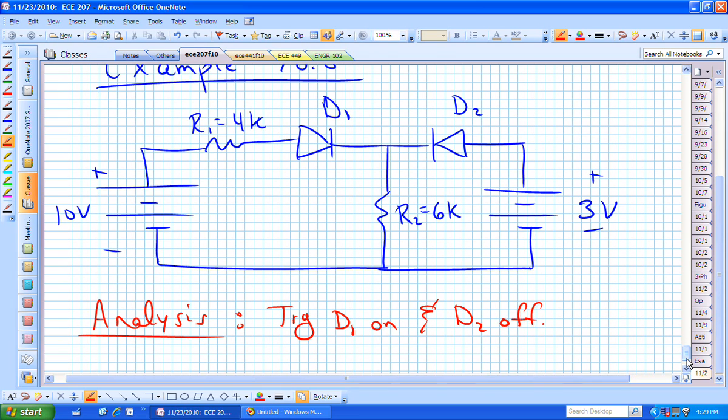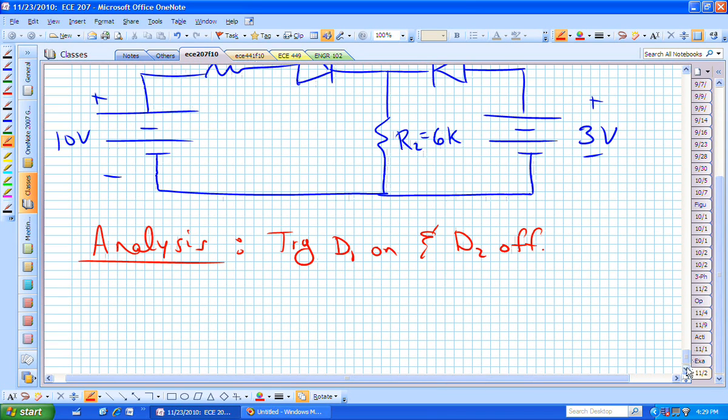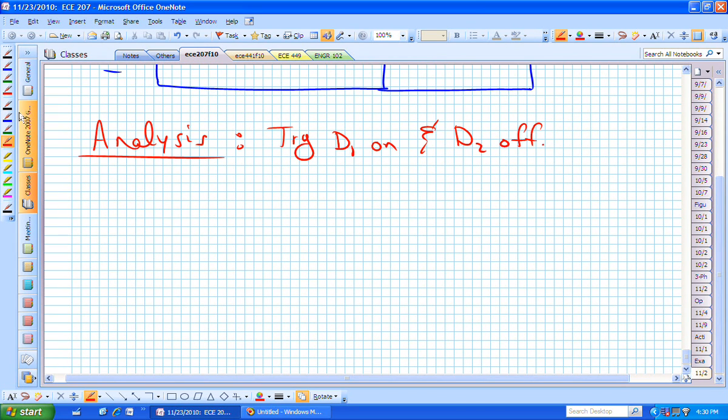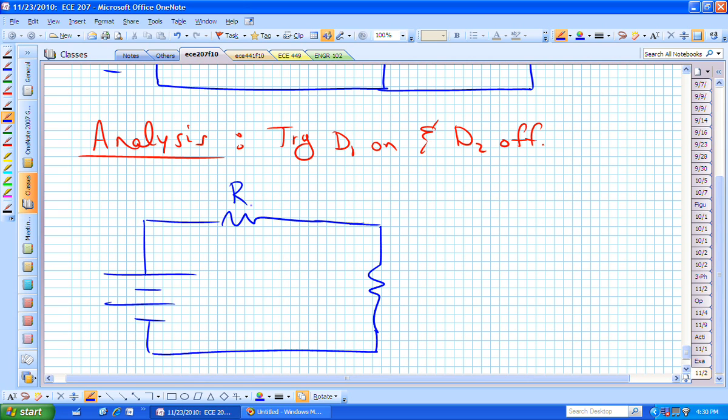Now if I do that in my circuit, I can re-sketch it. If that's what's happening, and these diodes are treated as ideal, diode 1 is now simply a wire. Diode 2 is what? It's an open, isn't it? It's not allowing current to flow.